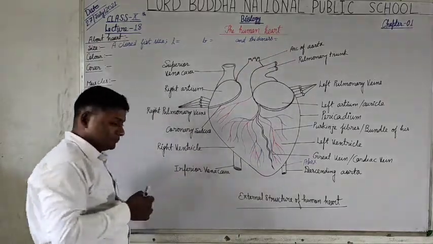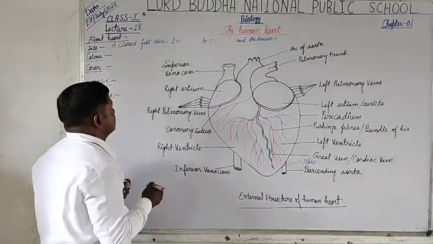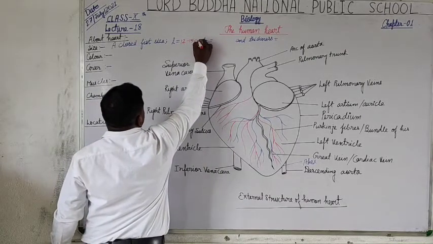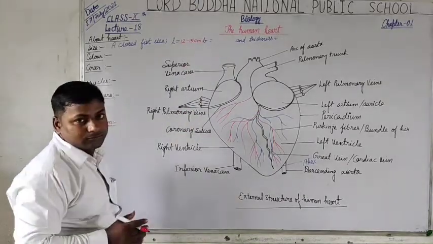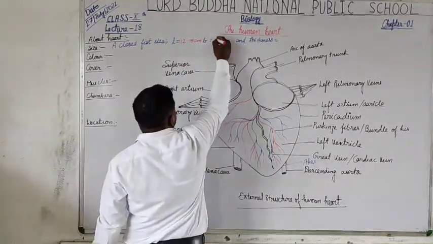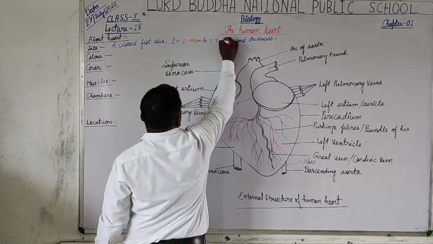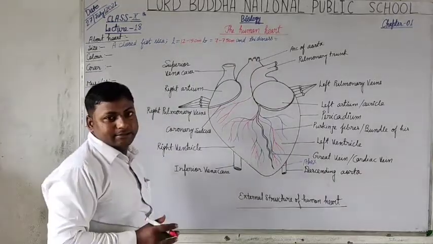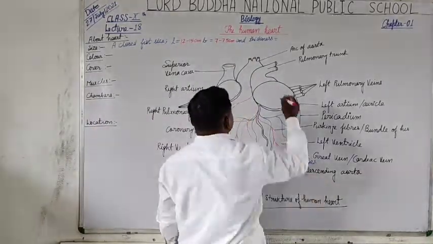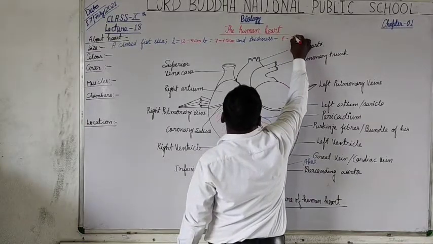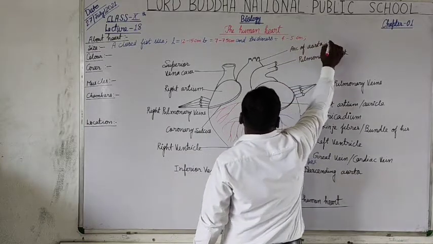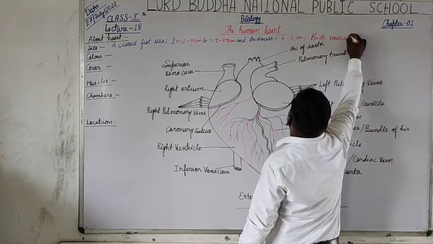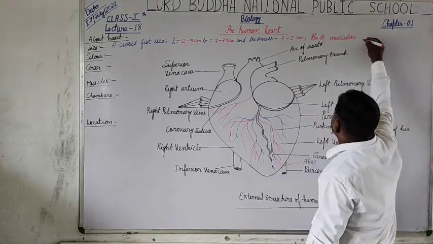What is the length? The length is about 12 to 15 centimeter maximum. Breadth is about 7 to 7.5 centimeter. And thickness is about 4 to 5 centimeter. It is a thick, muscular, active organ.